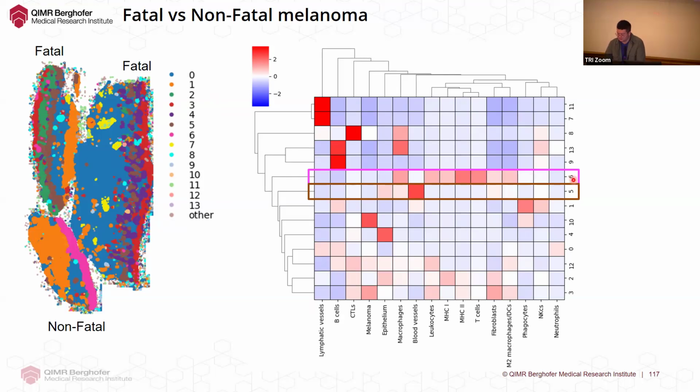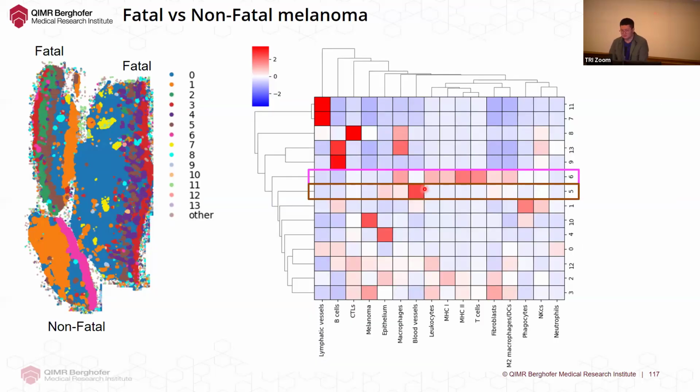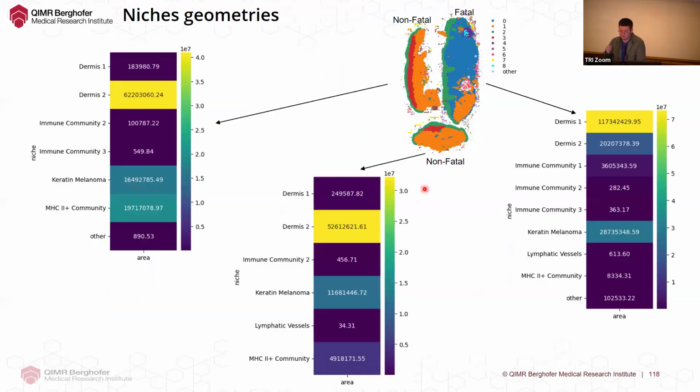We can also see that in the fatal sample, there are unique cell type communities enriched with blood vessels. And if we consider each community as a geometric shape, we can then calculate geometric statistics. For example, we can calculate the area of different cell type communities.